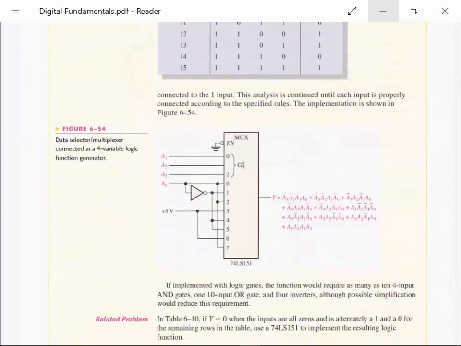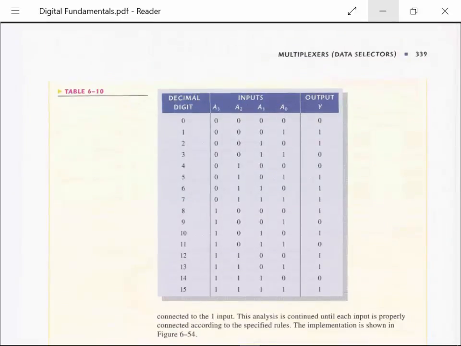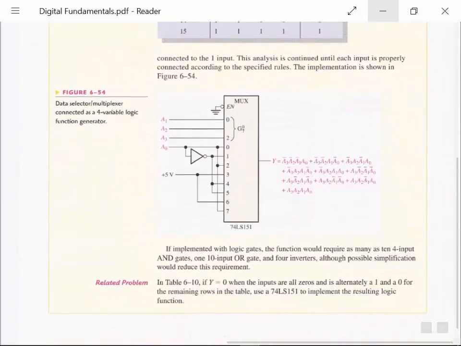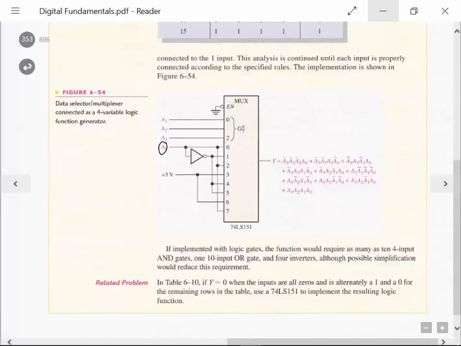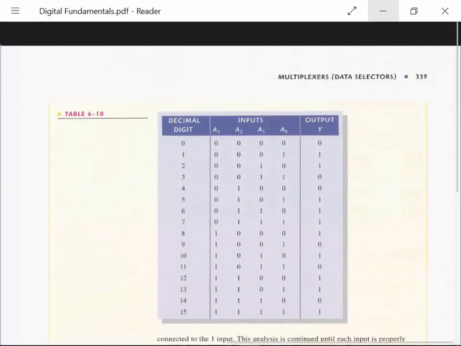They reverse the A, B, C, and D. They call their inputs A3 through A0, and they use A0 here, and then the inverter to go down and pick which ones. So this technique is covered in the Floyd book. I don't think it's in the Tocci book.